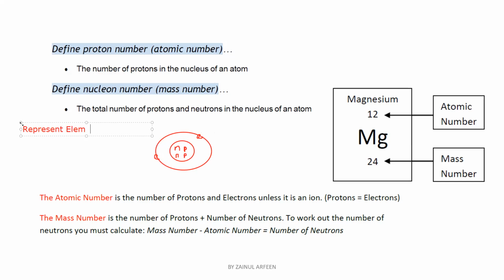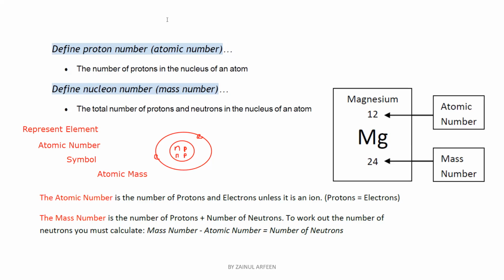When we represent an element, basically we represent it in a particular manner. At the top we write the atomic number, then we write the symbol, and at the bottom we write the atomic mass.